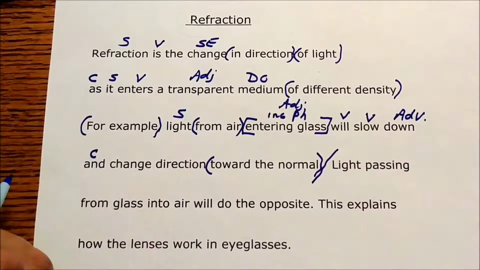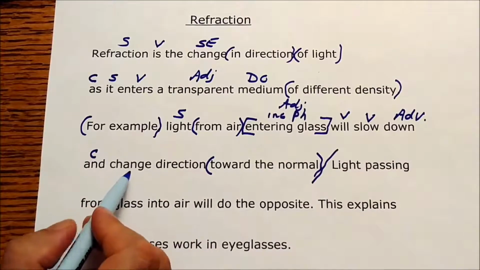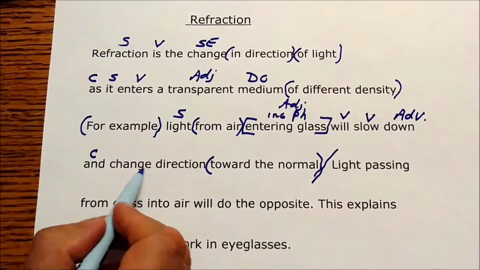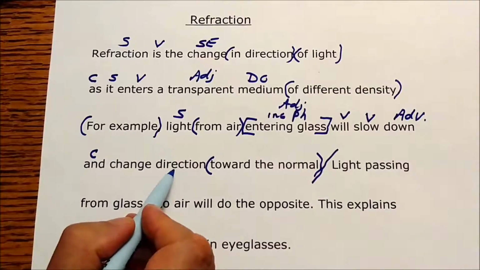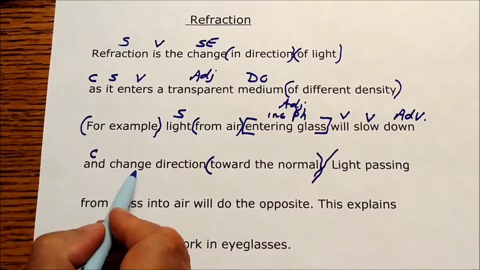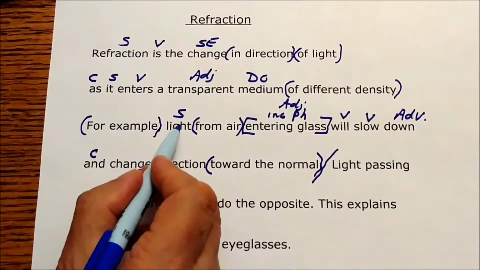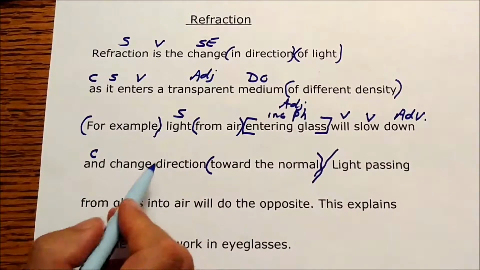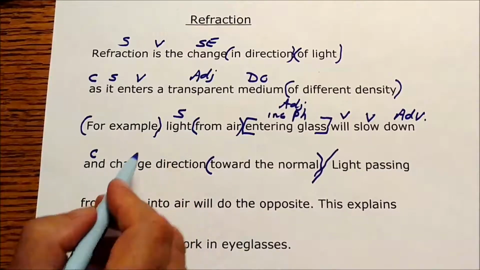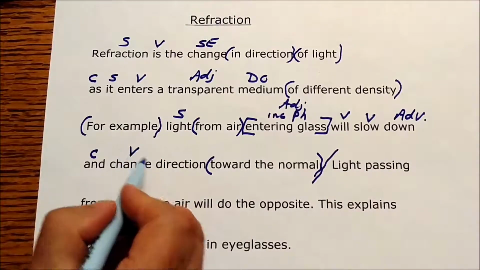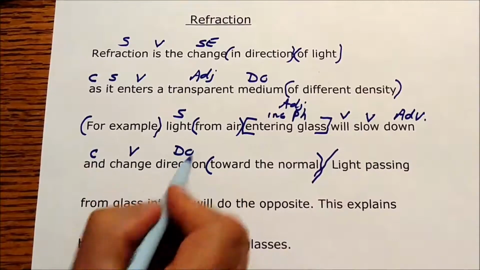And we have a conjunction, change direction. Clearly, this is a verb, and this looks like a direct object. So what is our subject that this is extending from? Light. Light changes direction. So light is our subject, change is our verb, direction, direct object.